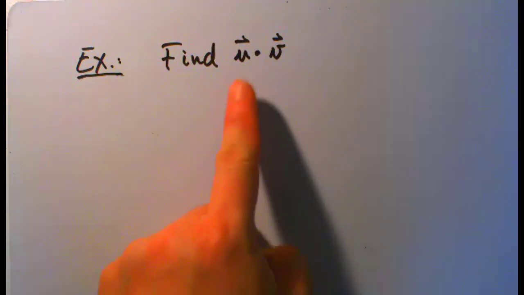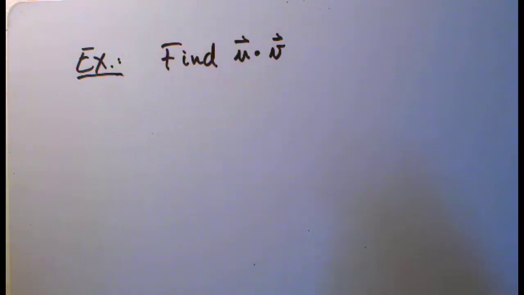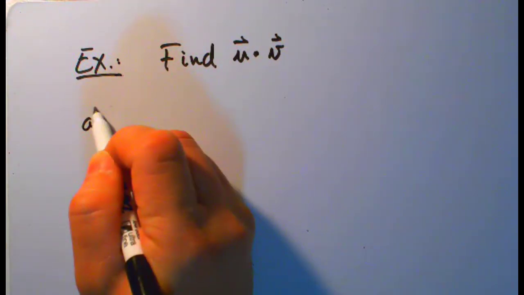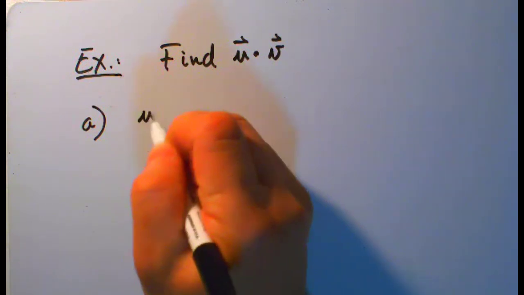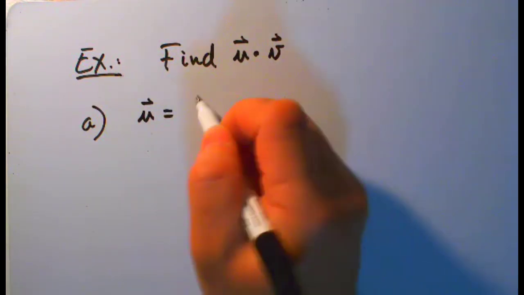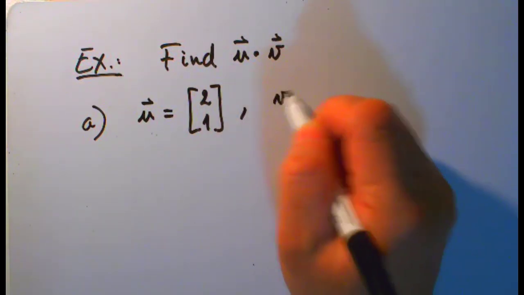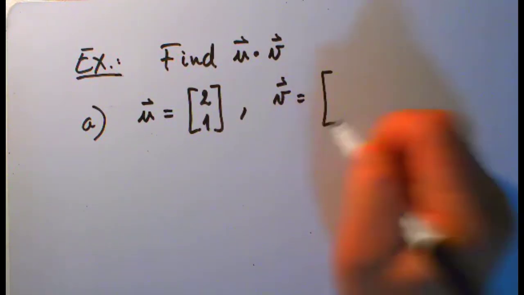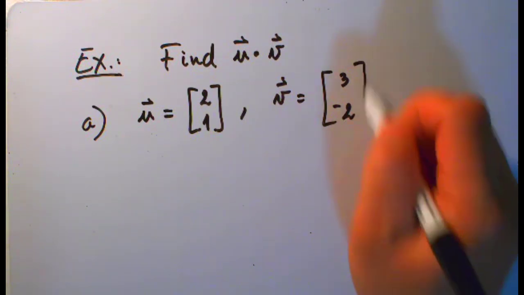Okay, so in this example, let's say we simply want to calculate the dot product between two vectors u and v. In part A of this example, I'm given the vector u being (2, 1) and a vector v being (3, -2).